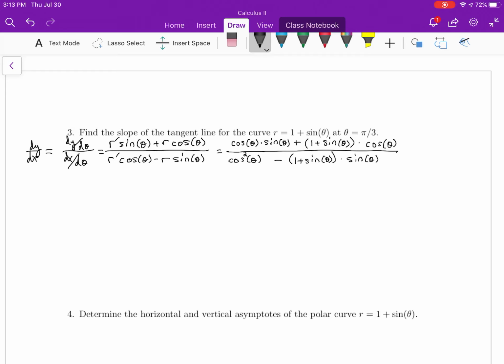So while we can evaluate right here for theta, I'm just going to go through the effort of simplifying as much as we can. So I see that on top I could factor out a cosine, which will leave me with a sine plus 1 plus sine, so 1 plus 2 sine theta.